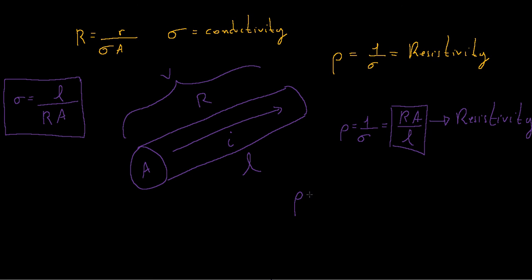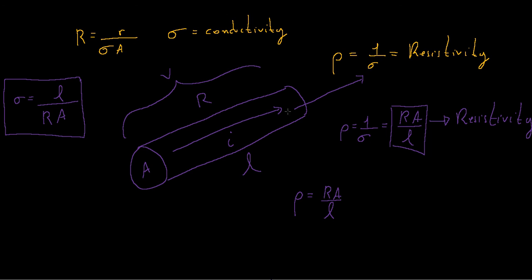So let me write it down here again. So rho is equal to R times A over L. And let's suppose the length increases. If we increase the length of the conductor, but the resistance is still the same, then this L here is going to make this number smaller, and by consequence the resistivity is going to be a smaller number.